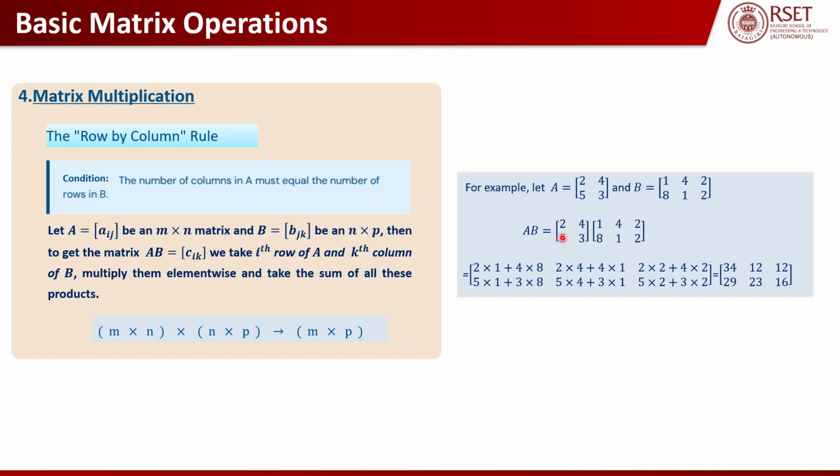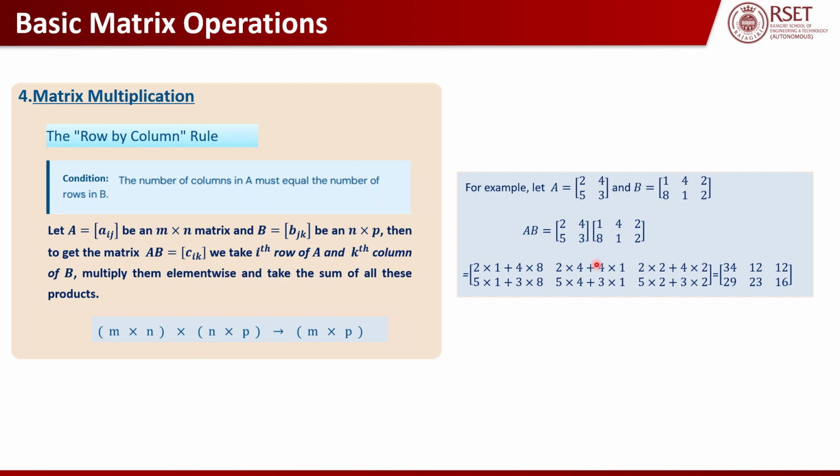Here you can see the first row has elements 2 and 4, and the first column is 1 and 8. So the procedure goes like this: 2 into 1 plus 4 into 8. That is the first element of the product matrix.